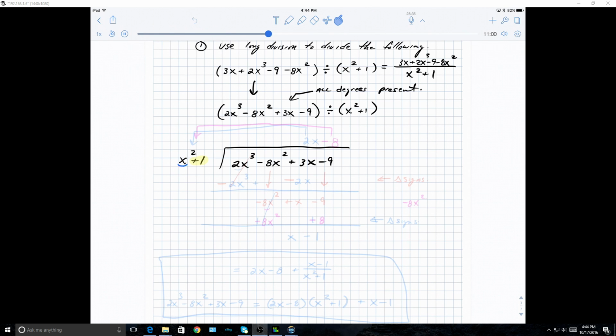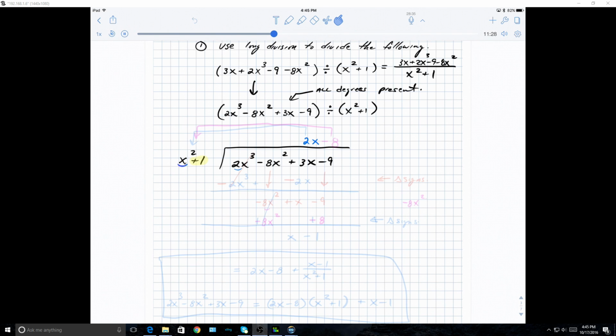How many times does x squared go into 2x cubed? Well, how many times do I have to multiply x squared to get an x cubed? Well, that's an x, so we'll need 1x here. And how do I get 2? Well, by multiplying by 2, so it looks like what we have here is 2x.